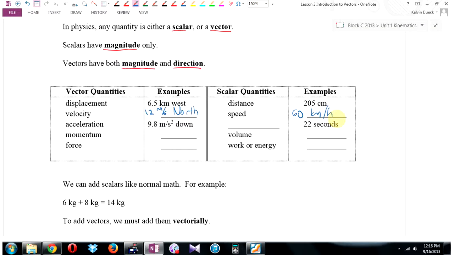Acceleration is a vector, although often we'll treat it as a scalar if we're just trying to find the magnitude, and then we'll add the direction afterwards by saying, well, which way is it accelerating? So we're kind of sloppy with that one. 22 seconds, what goes in the blank to the right here? What scalar quantity goes there? Time, scalar.